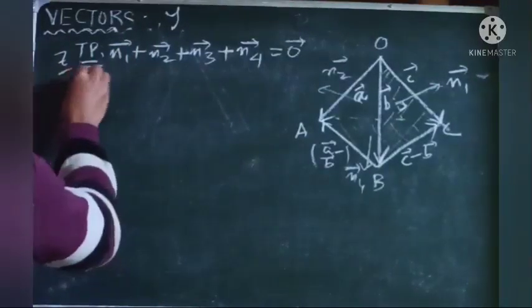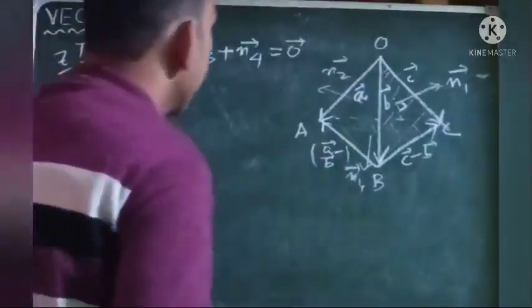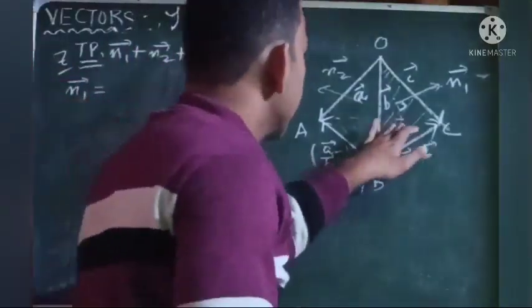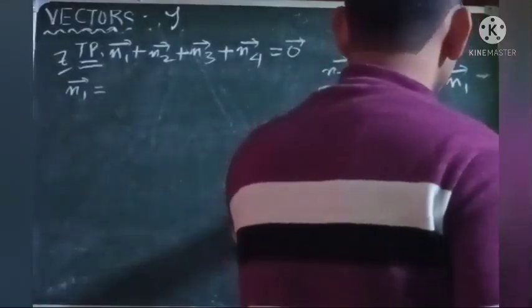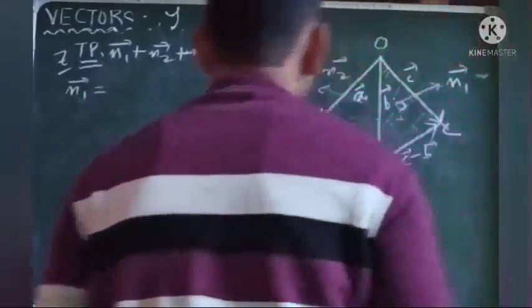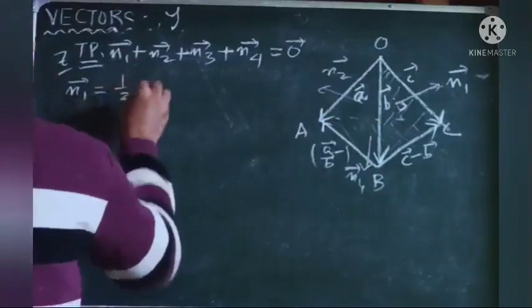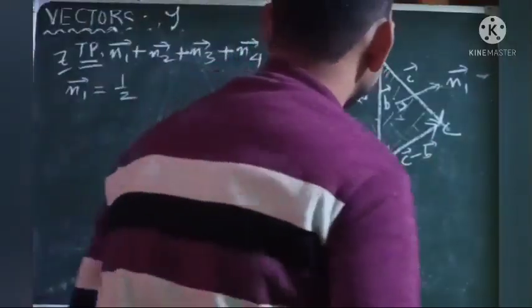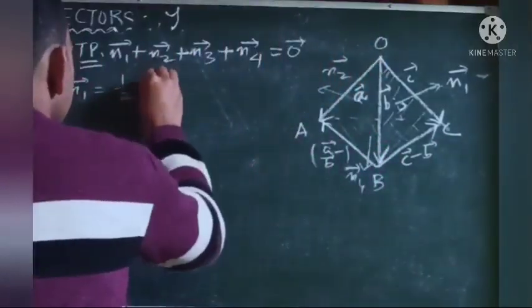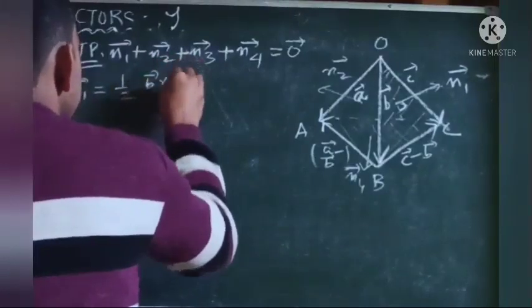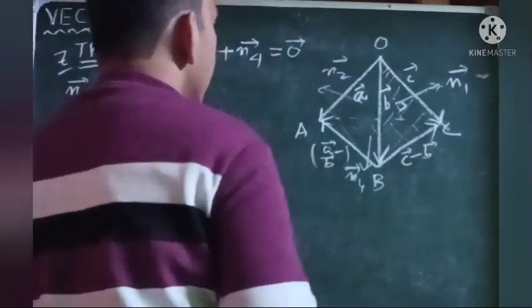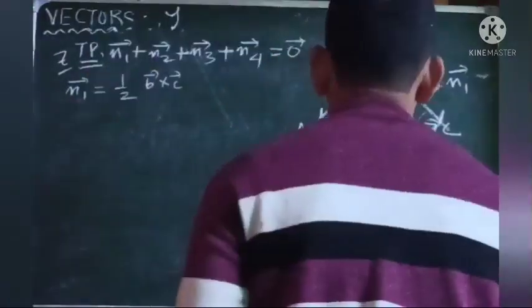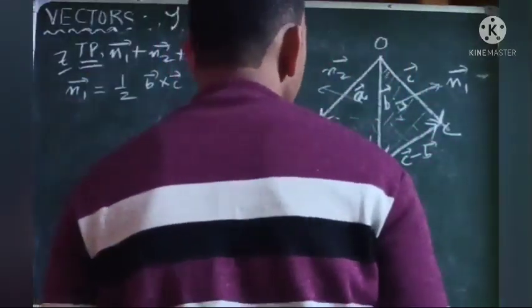let us first write n1 vector. N1 vector is going to be this area vector, which is half of OB cross OC, that means half of B cross C. Since it will be along the outward normal, we have to note the direction also.